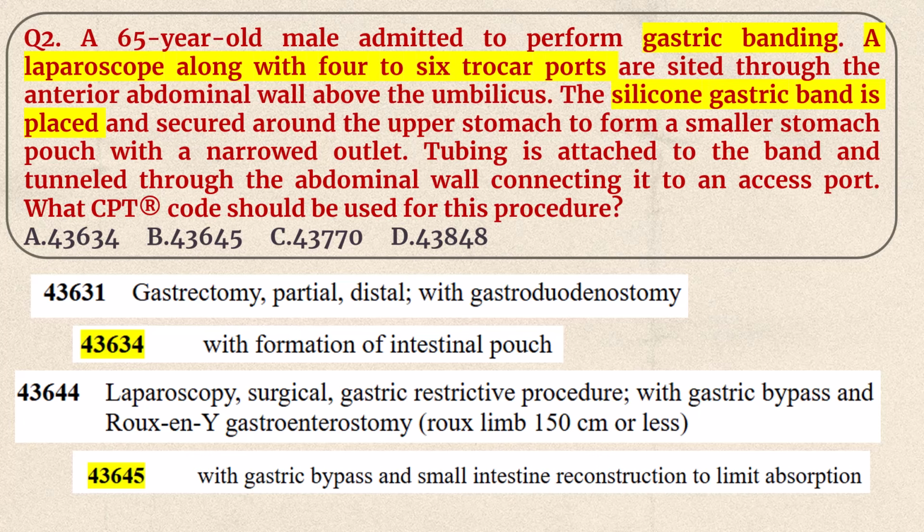That is a continuation of the previous code. That is gastrectomy partial distal with formation of intestinal pouch. But this is not the case. When you see 43645, that is laparoscopy surgical gastric restrictive procedure with gastric bypass and small intestine reconstruction to limit absorption. But this is not the case.